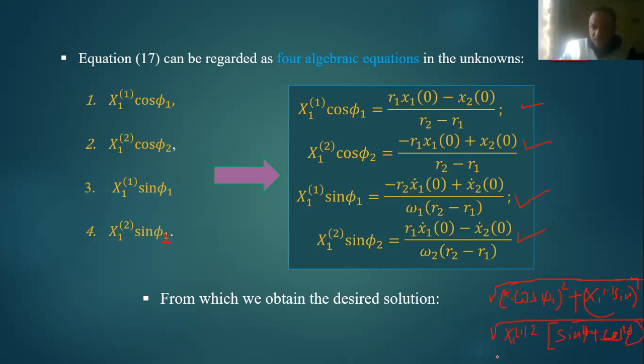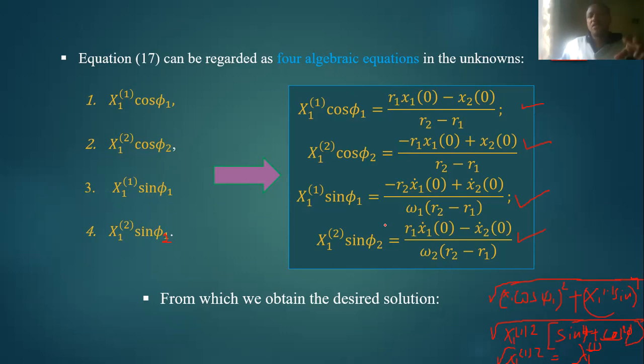So from here we get the radical of x1 of 1 square, which gives us x1 of 1. So x1 of 1 is equal to this square under the radical plus this square under the radical.